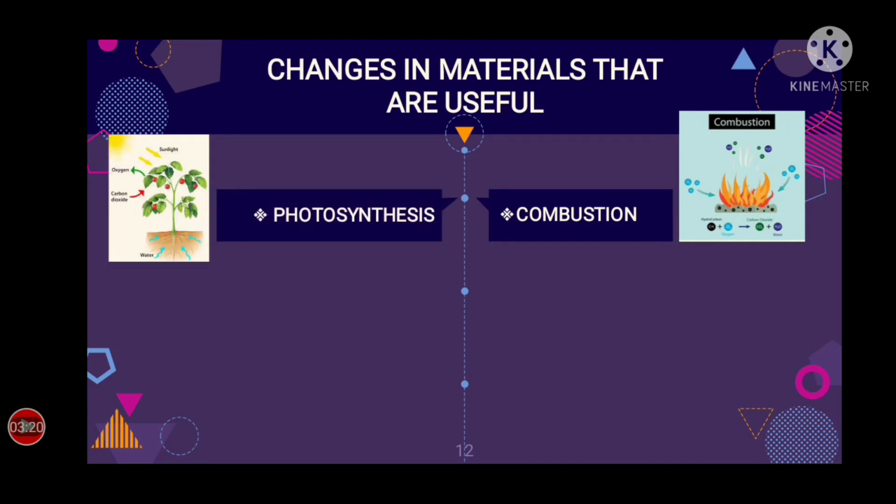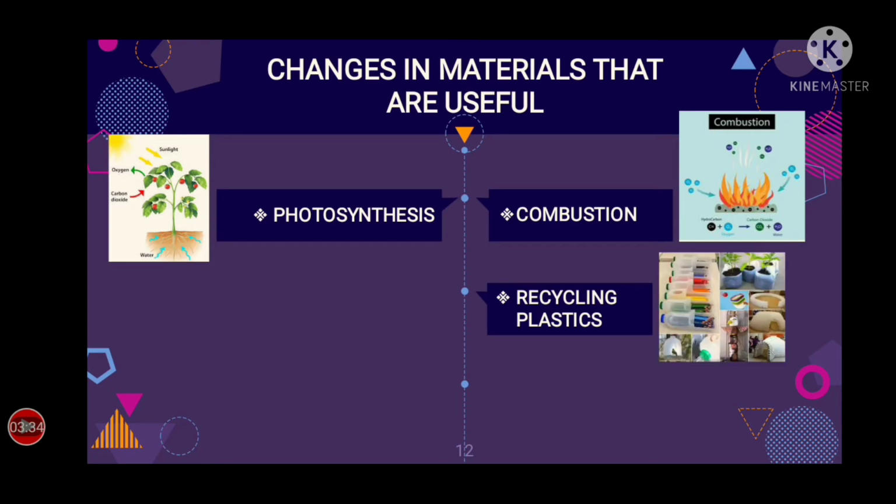Second is photosynthesis. It still has a cycle, it just repeats. It changes like this, it changes like that, but it just goes back. Another is recycling plastics. Here the plastic is recycled, yet it is still plastic but formed into a new one. It is still plastic.